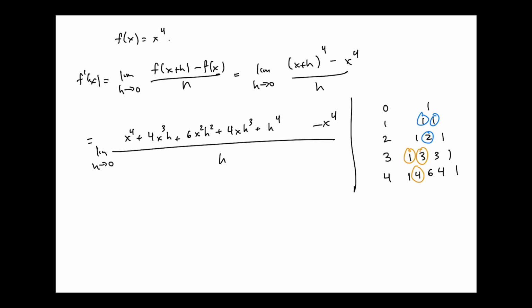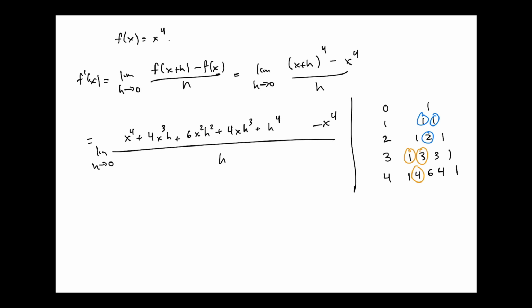How many different ways are there to pick those t-shirts? Well, 5 choose 2 is what it turns out to be, and you can figure out what the number is. It turns out these coefficients are 4 choose 0, 4 choose 1, 4 choose 2, 4 choose 3, and 4 choose 4. We call those the binomial coefficients, and they're related to this just as much as they are to probability.